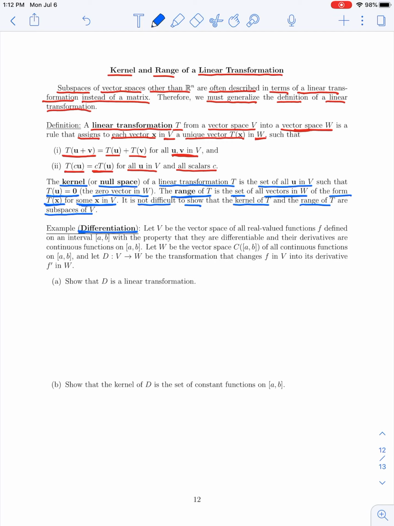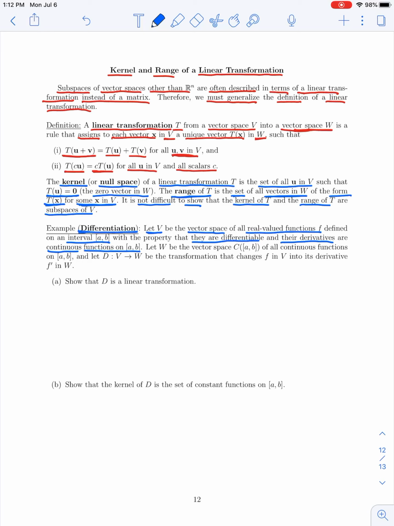So here, suppose that V is the vector space of all real-valued functions f defined on some interval from a to b with the property that they are differentiable and the derivatives of these functions are continuous functions on the interval from a to b.